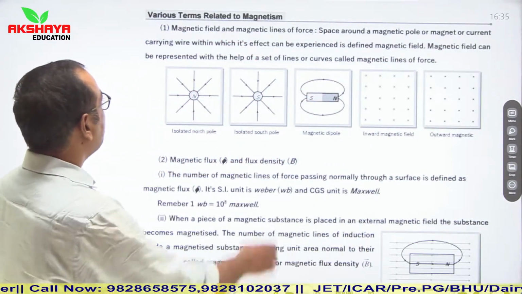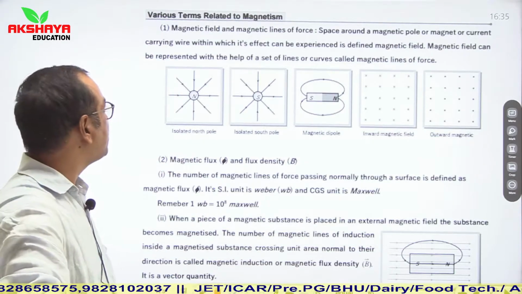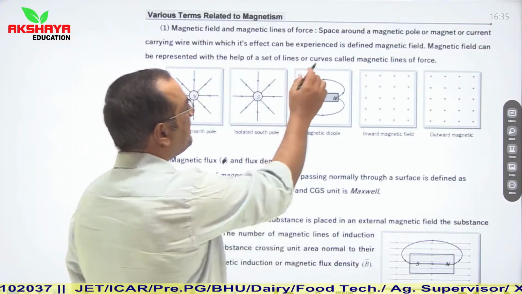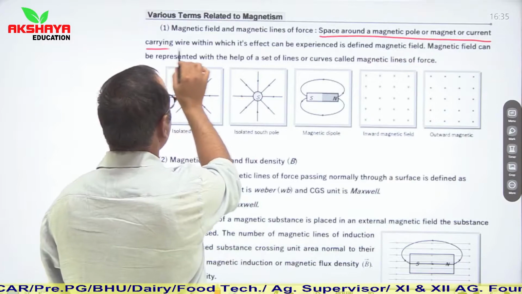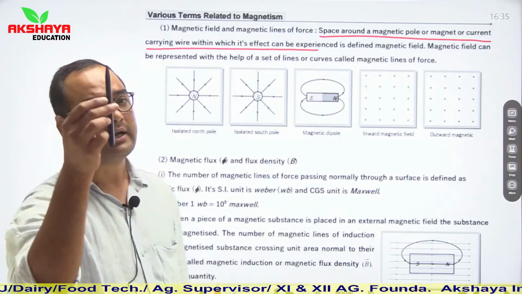Now let us see various terms related to magnetism. So we are discussing various terms related to magnetism, magnetic field and magnetic lines of force. The space around a magnetic pole or magnet or current carrying wire within which its effect can be experienced. So let us say this is any current carrying conductor.